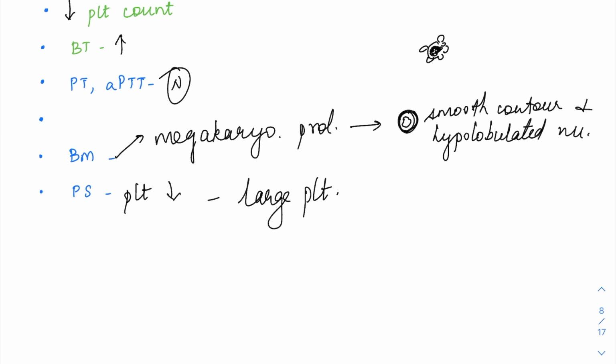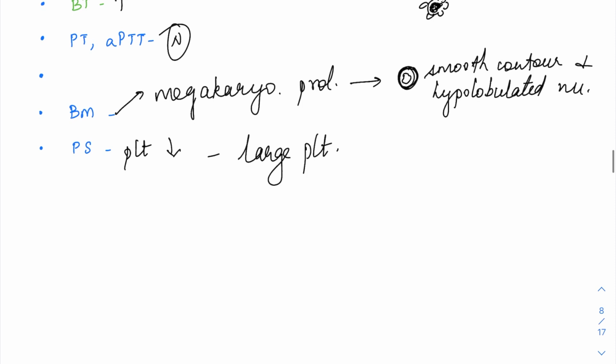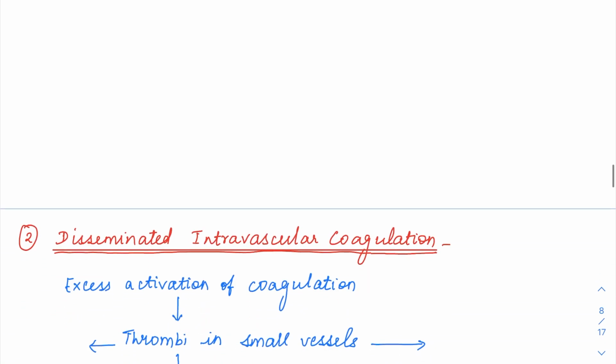Okay. So this is a characteristic morphology of a megakaryocyte in ITP. So these megakaryocytes are actually trying to produce the platelets, but there is lots of peripheral destruction going on. So the megakaryocytes will try to release the platelets early into the circulation. So the platelets tend to be large in size. Okay. So these are the findings we saw in ITP.